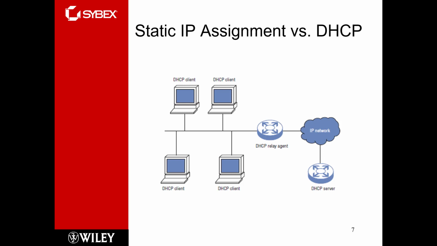The server then will respond to the request using that DORA process and will be allowed to assign an IP address to one of the clients. And again, that's going to happen for every single client that is given an address.